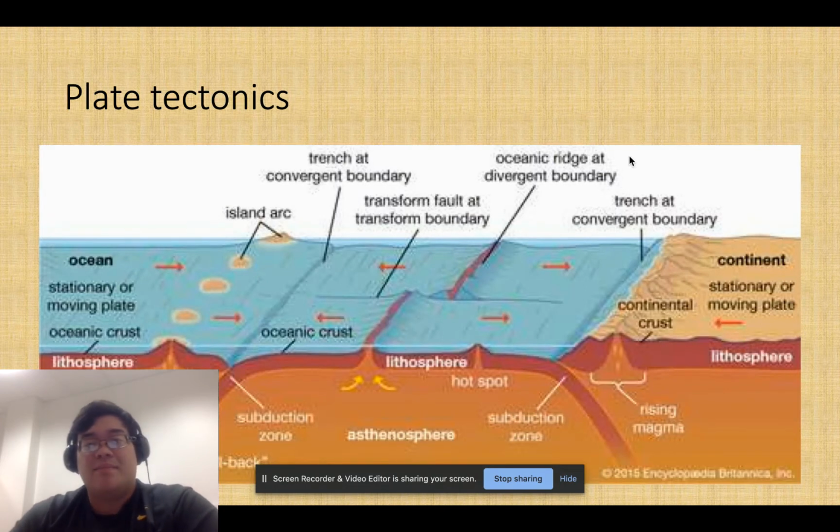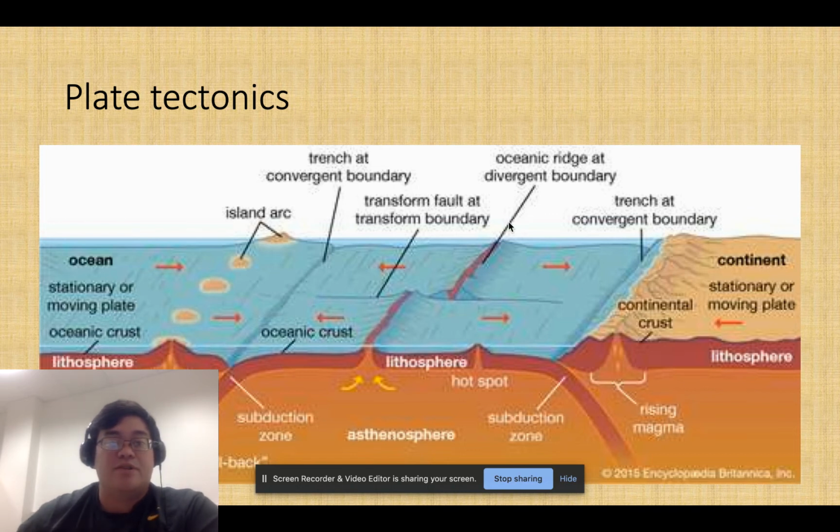Here's a diagram. It's pretty complicated about plate tectonics. So you can see here there are three types of plate boundaries all being shown. Here's a divergent plate boundary right here. Here are two types of convergent plate boundaries. This one is continental crust, sorry, over here, converging with oceanic crust. Over here we have oceanic crust converging with oceanic crust.